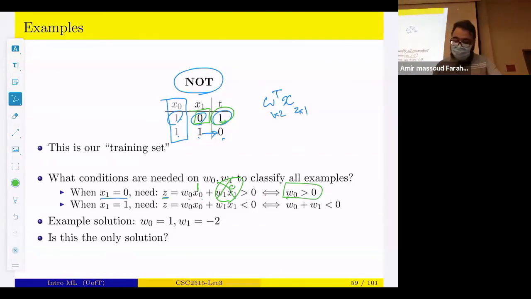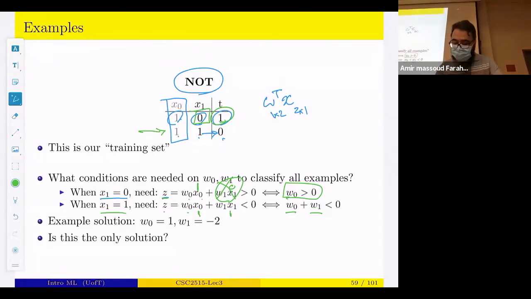And when X1 is equal to 1, the second case, we again need Z being W0 X0 plus W1 X1. Both X0 and X1 are 1, so this gives us W0 plus W1 should be negative. So these are our constraints. As long as we find W0 and W1 that satisfy these two inequalities, we have a model that predicts the right targets.